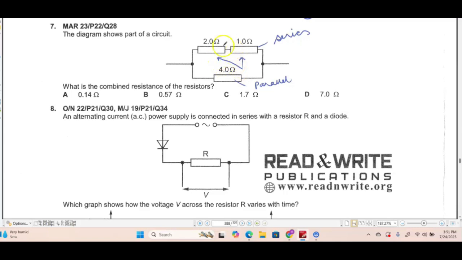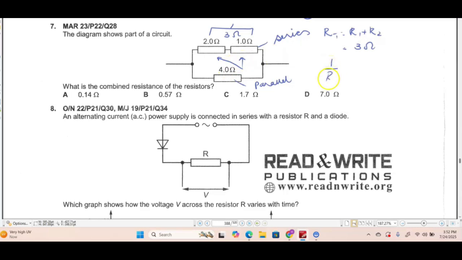So what we are going to do is, for a series circuit, the resistance total is R1 plus R2. Okay, so this is going to be 3 ohms. And now we have to add this 3 ohm resistor, the combined resistance of these two resistors, with the one in parallel to these, which is a 4 ohm resistor.